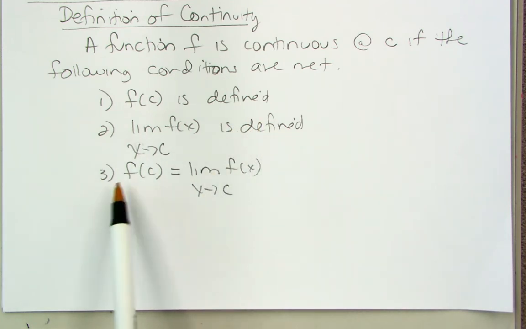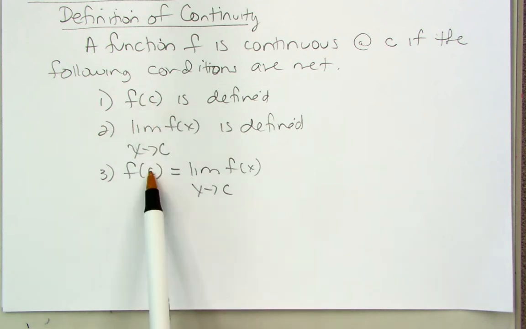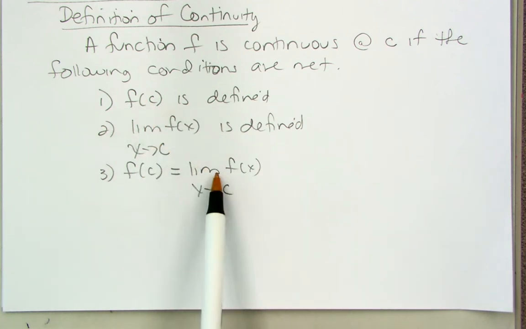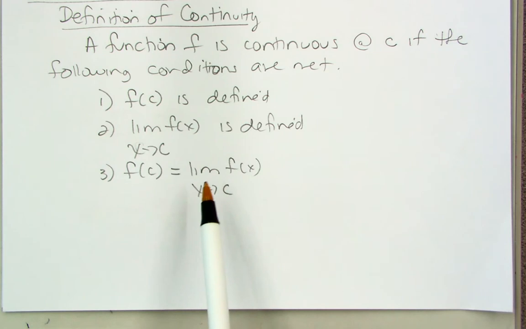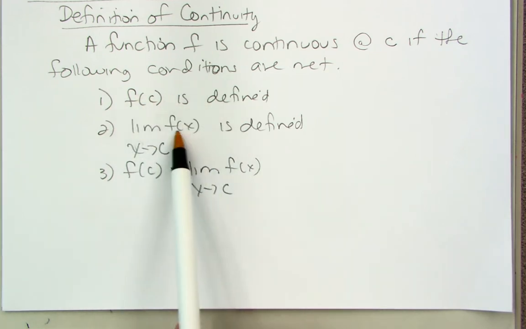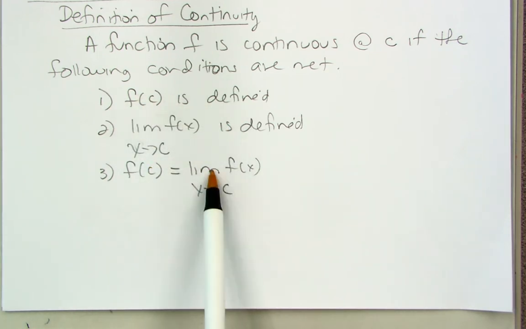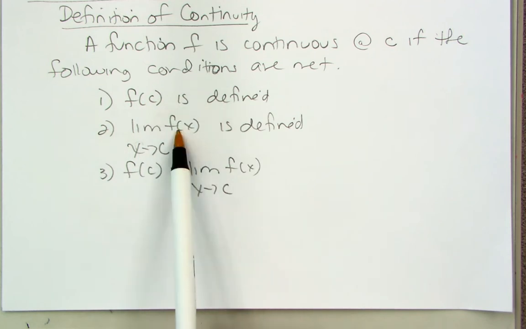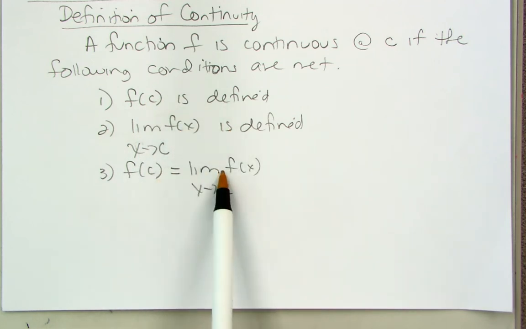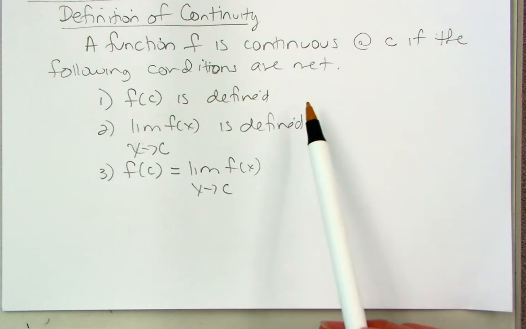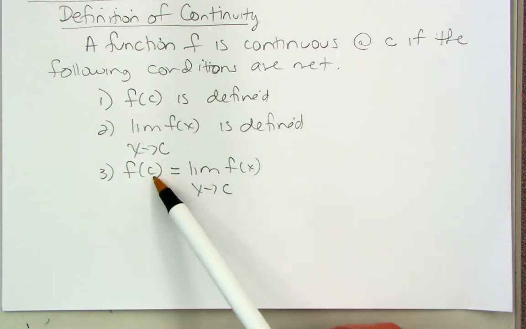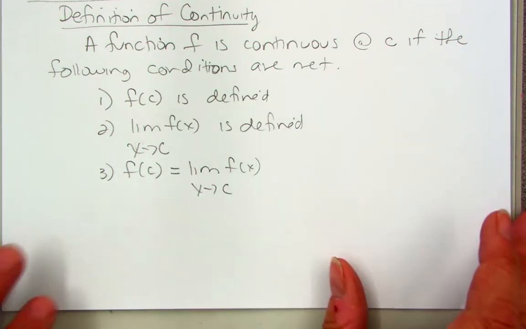Number 3, it basically says part 1 and part 2 must equal each other, must be the same output. So if this is 2 and this is 3, then 3 fails. If this is 2 and this is 2, then this satisfies, so that means that this function f is continuous at whatever c value.